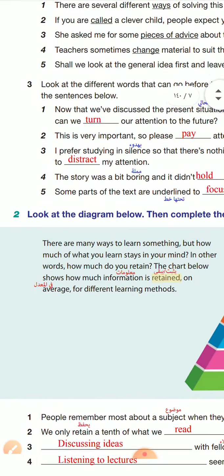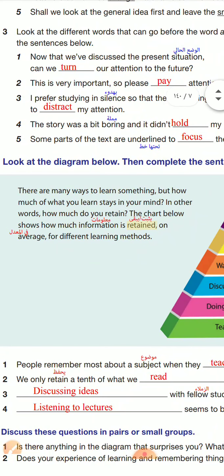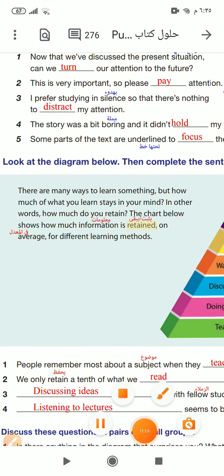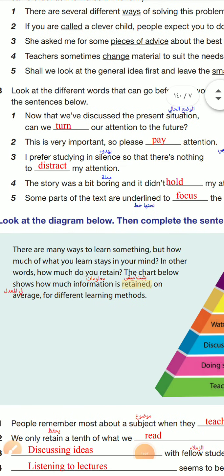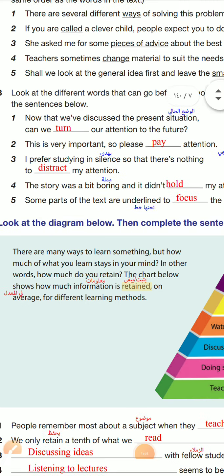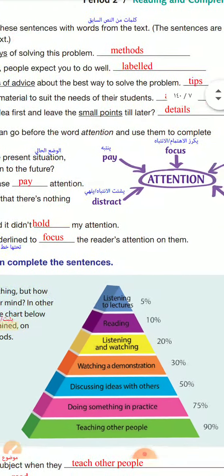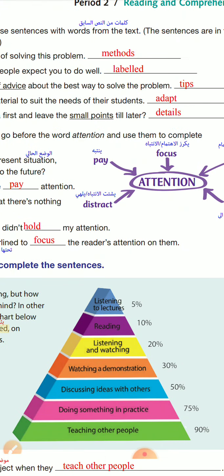Let's come to exercise number 3. Look at the different words that can go before the word attention. لو طلعنا look at كلمة attention. What do we mean by attention, girls? Yes, انتباه. في عنا كلمات مرتبطة بكلمة انتباه.